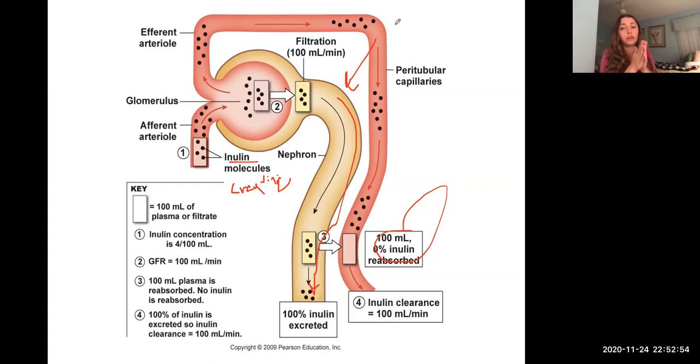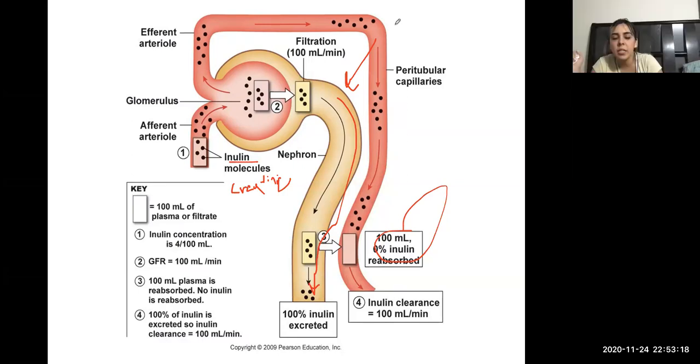All of it's filtered the first time. None of it is secreted back into the nephron, and nothing is reabsorbed. So 100% of it should be excreted.